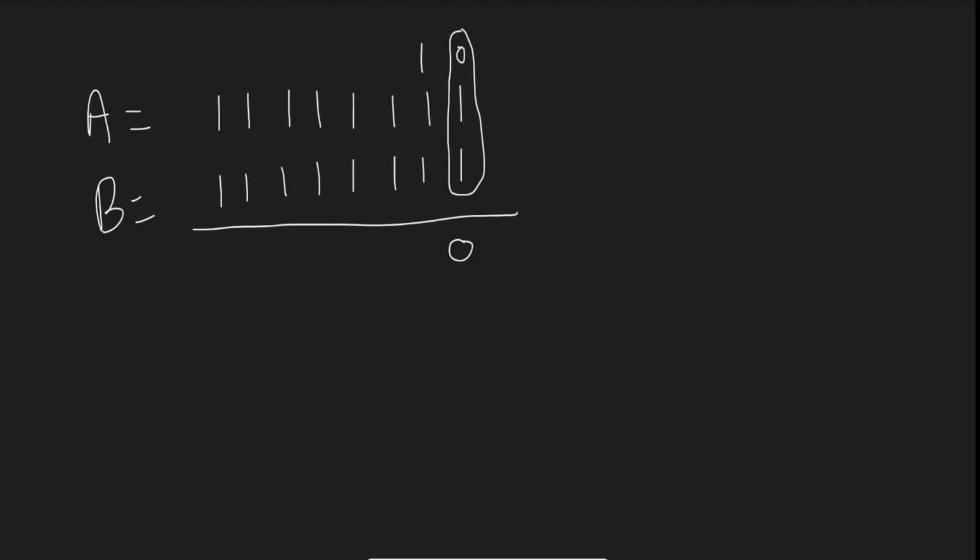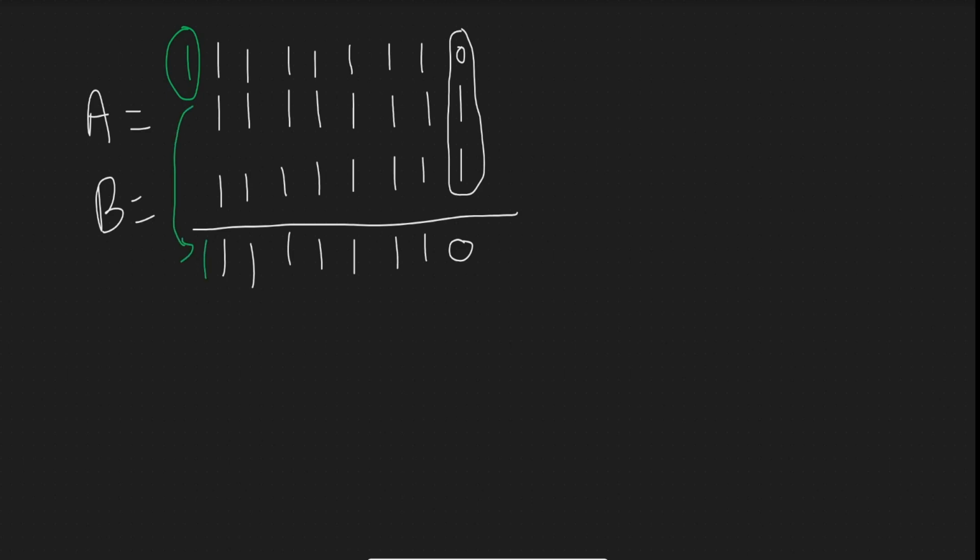The second full adder will add these 3 bits. So 1 plus 1 plus 1 is 1 with carry 1. Same thing here, 1 with carry 1, and so on, and here 1, and we will have carry out 1 that will come down here.